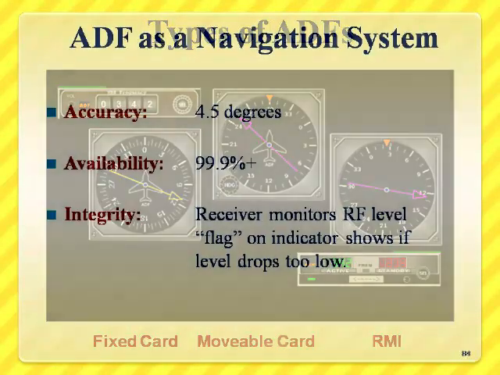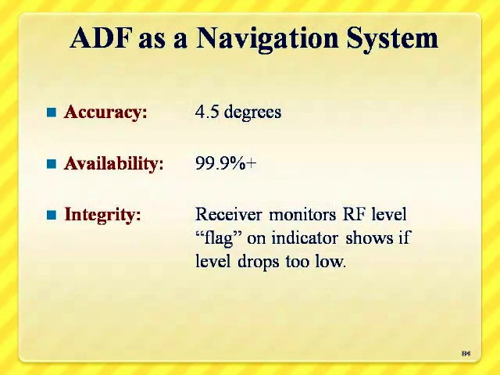What about the characteristics of this ADF? The accuracy is 4.5 degrees. The availability is very high: 99.9% of the time it can be operated. For integrity of the signal, the receiver monitors the RF level, and a flag on the indicator shows if the level drops too low.